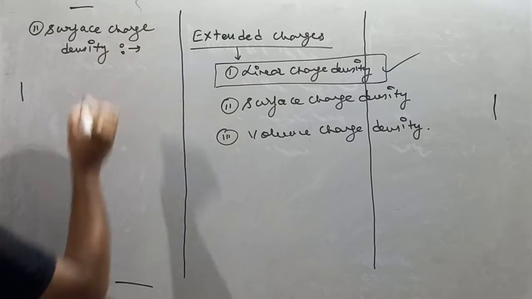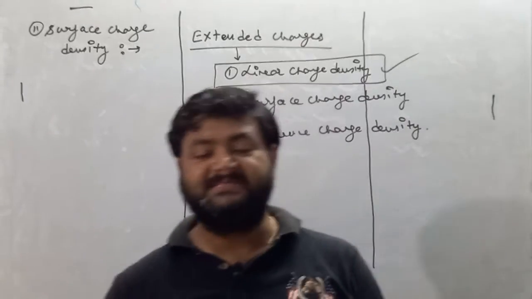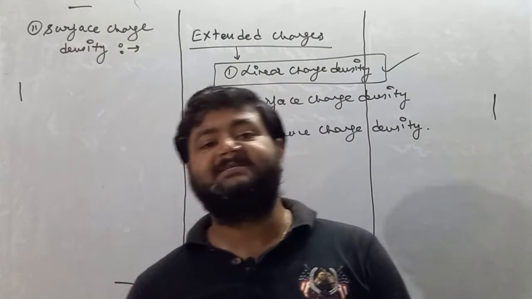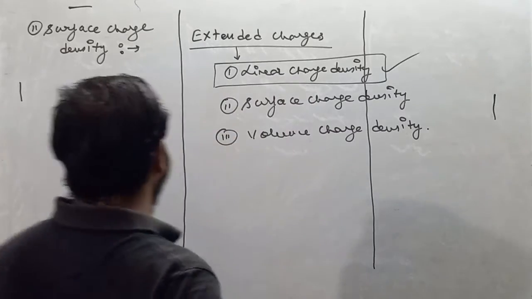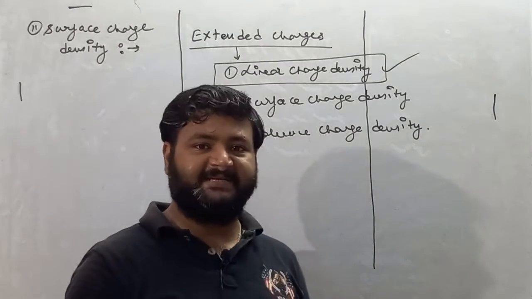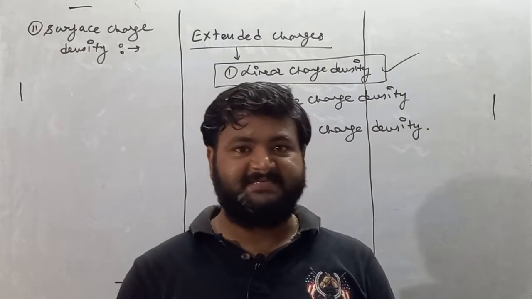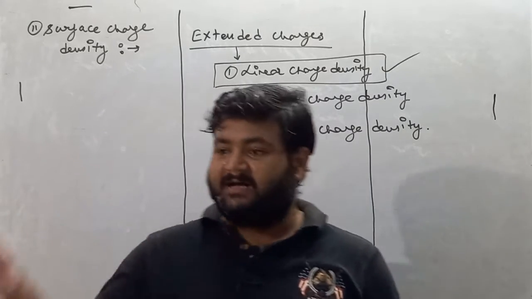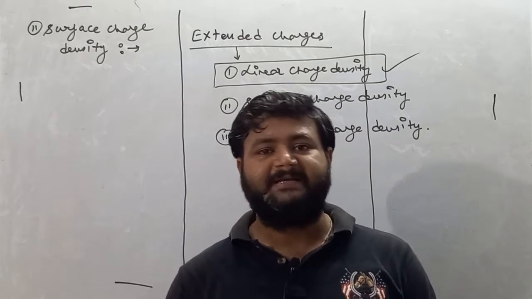Those continuous bodies which carry the physical parameter of area, if we put charges on that kind of body, then that charge is considered to be surface charge density. This is also called area charge density. Why area charge density? Because this charge exists for those bodies whose physical parameter is area.